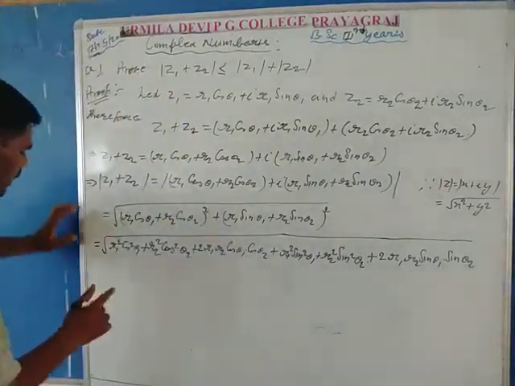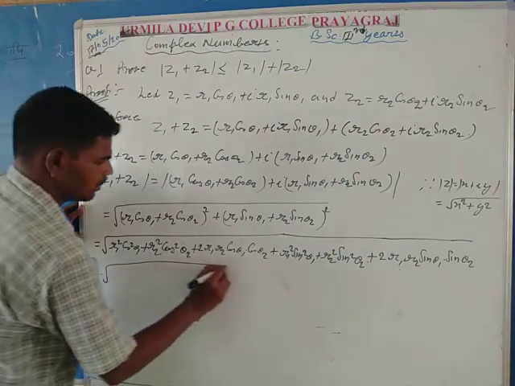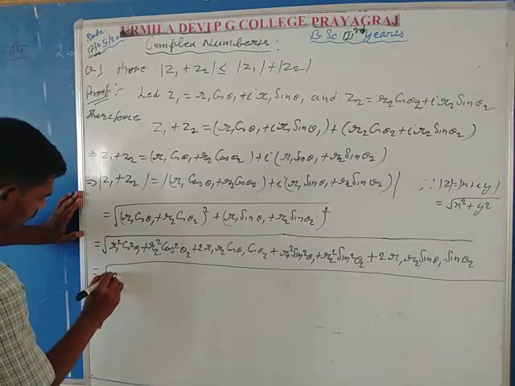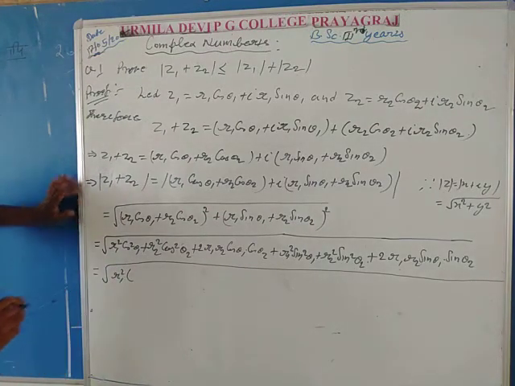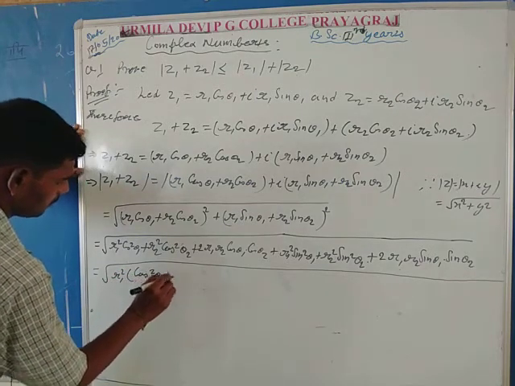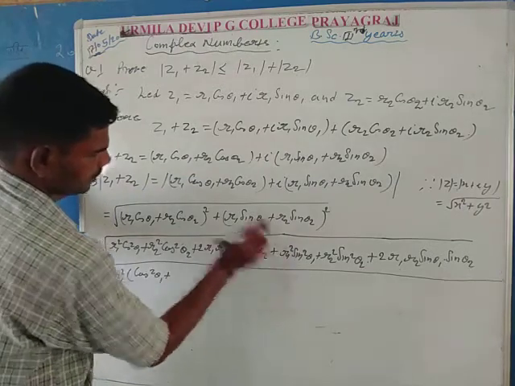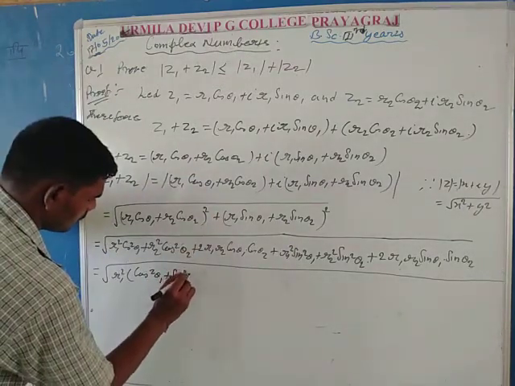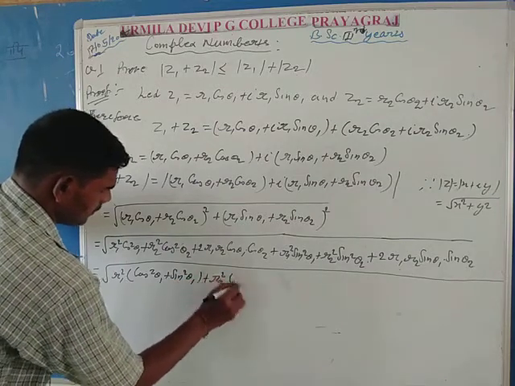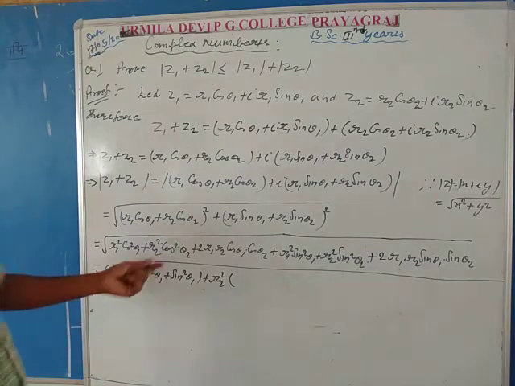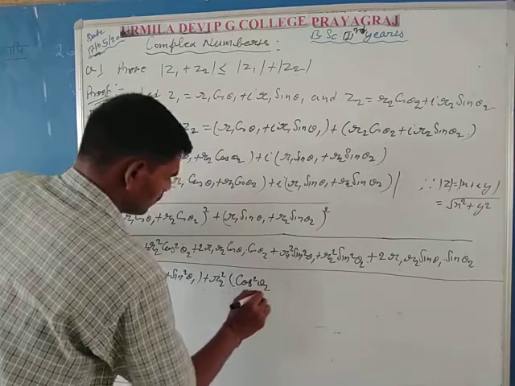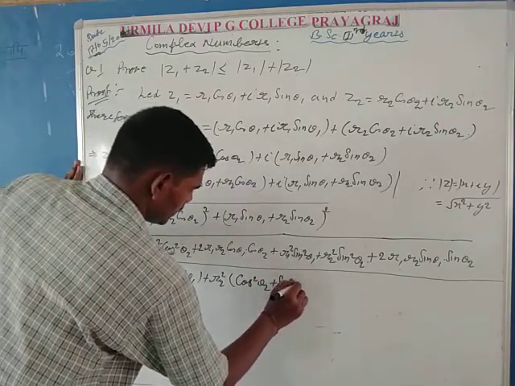In the first bracket, r1 square is taken out, so cos square theta 1 plus sin square theta 1, and r2 square taken out, so cos square theta 2 plus sin square theta 2.